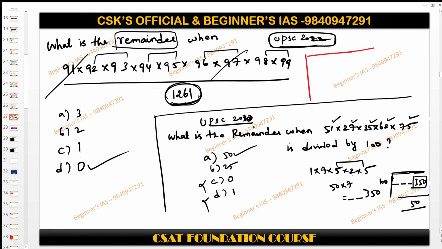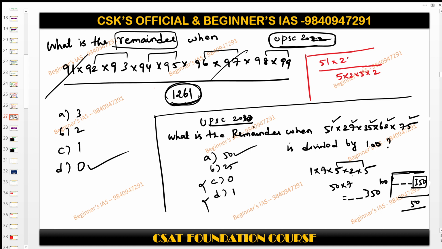What she has done: 100 can be split as 5 into 2, 5 into 2, or you can simply say 25 into 4. This is also fine.